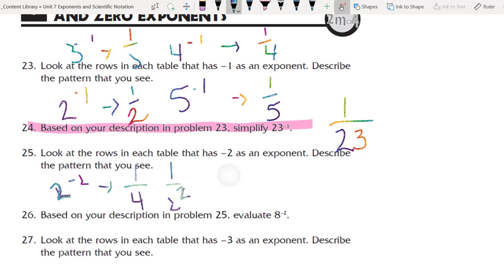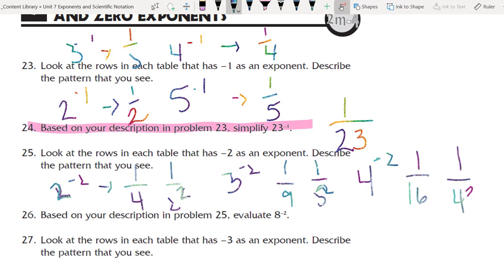When we had 3 to the -2nd, we had 1 over 9 as an option. We also had 1 over 3 to the second as an option. When we had 4 to the -2nd power, we had 1 over 16 or 1 over 4 to the second as an option.